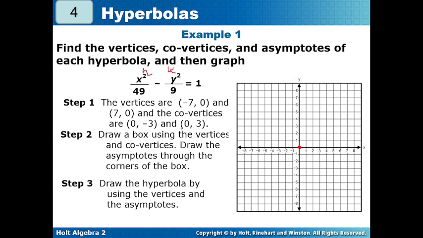You cannot see anything, so your center is at the origin. Therefore your vertices are positive and negative 7, so this is your vertices, and your co-vertices are here.